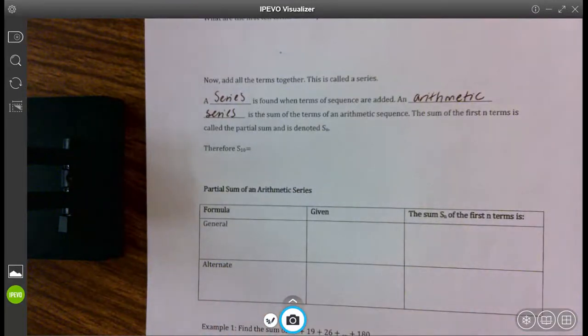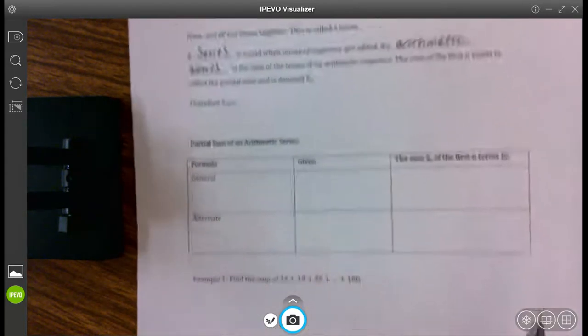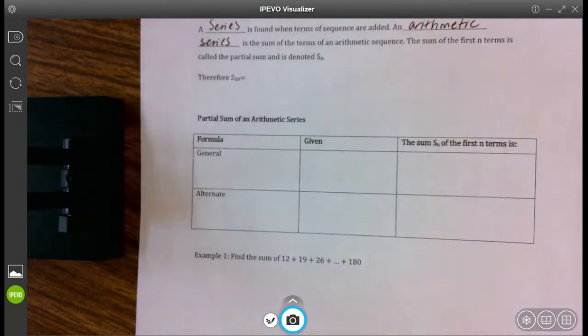Okay, so it's called a partial sum because you're not adding up the entire sequence, you're adding up a partial of the sequence. Okay, so there's a few formulas that you can use. You can use the one I used or another one.